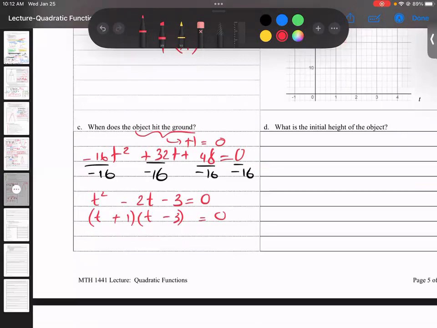So that implies t equals negative 1 or t equals positive 3. Can time be negative? So that means you're going to eliminate that solution. So after 3 seconds, the ball hits the ground.